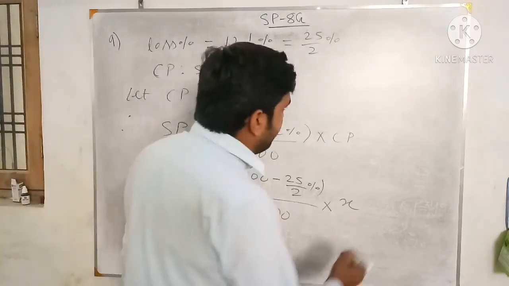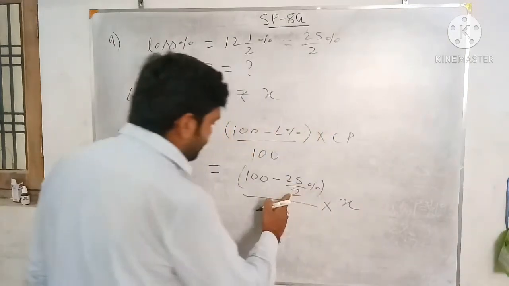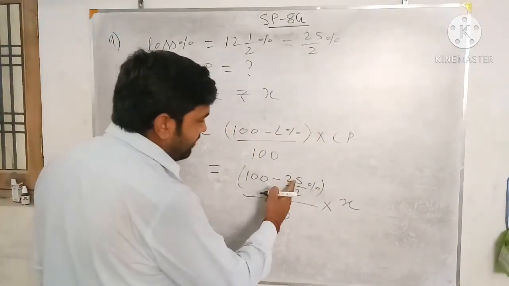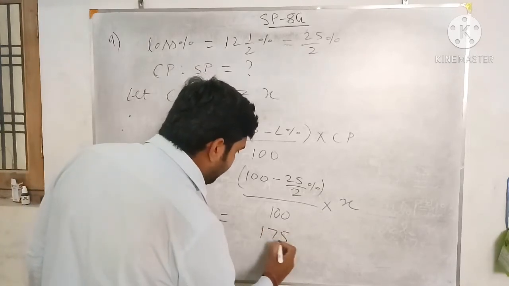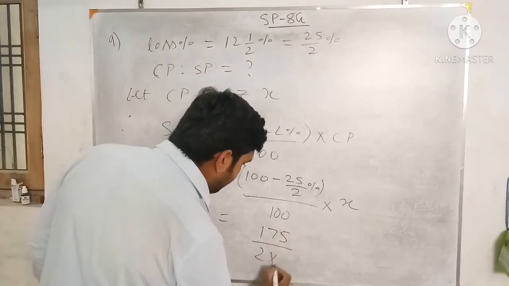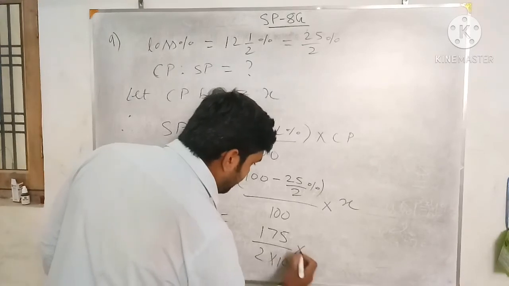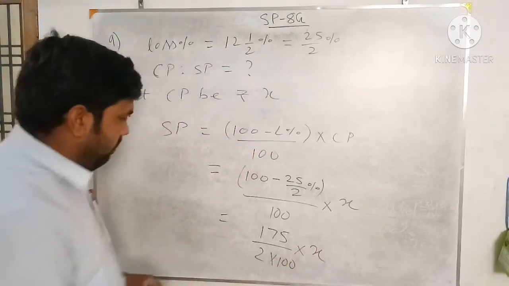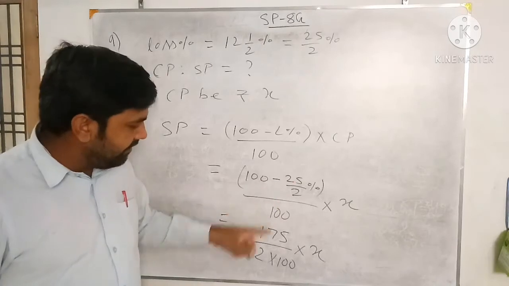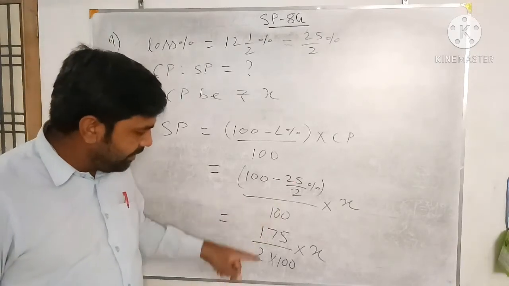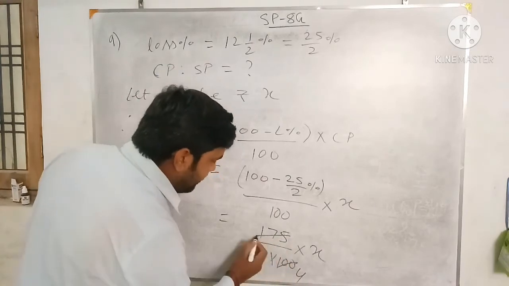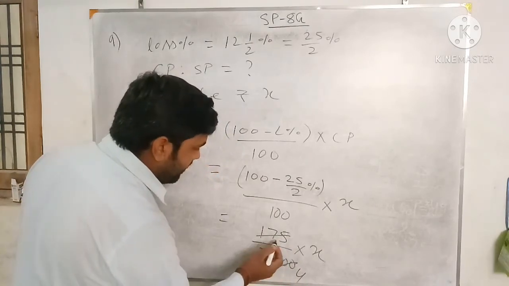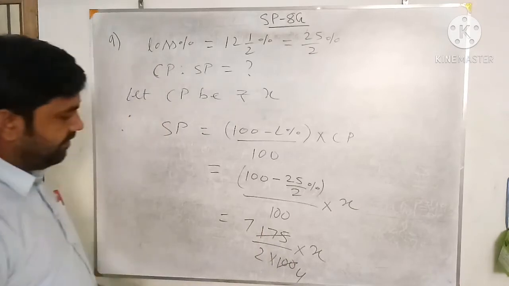So when you subtract from this you will get what? 200 minus 25, 175. So the answer will be 175, 2 will come down, and X. So 200 minus 25 gives you 175, 175 by 2 into 100. Now 25 4s are 100. Here 25 7s are 175.